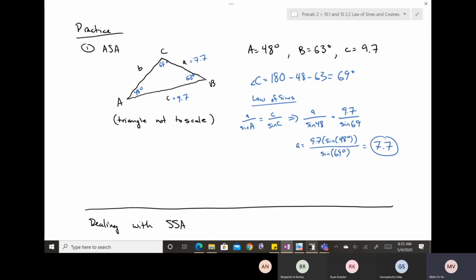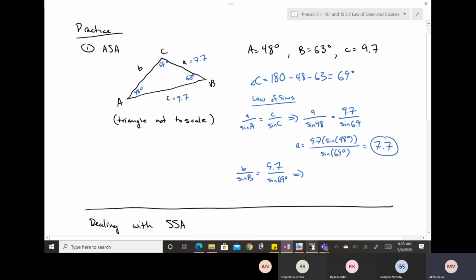And then what about side B? So we can do the same thing, right? So B over sine B, we relate it to C. So it's equal to 9.7 over sine 69 degrees. So let's calculate this.